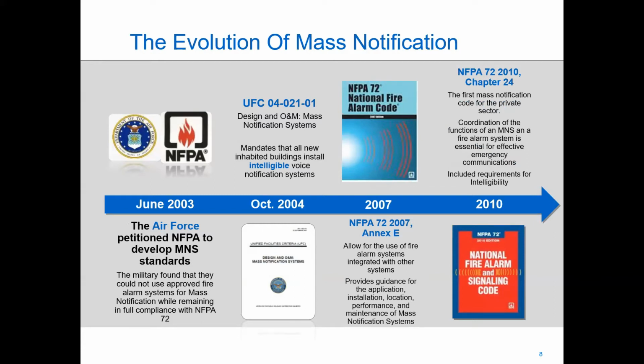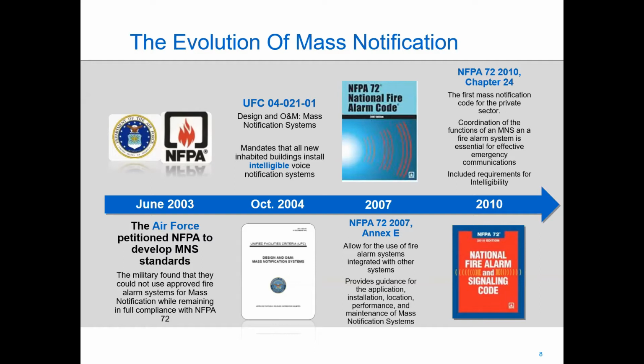One of the early ones I was very familiar with, and UFC working on the military side with this UFC criteria back in the 2003, 2005 area. NFPA then around that same time gave an annex on the commercial world where they start putting data details in there. None of it was code driven. Everything was stuck in here as reference material or suggestions of where you need to go.